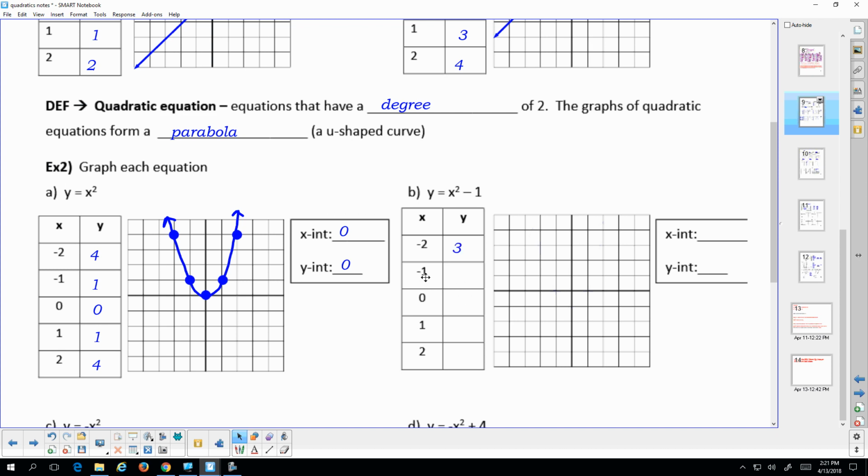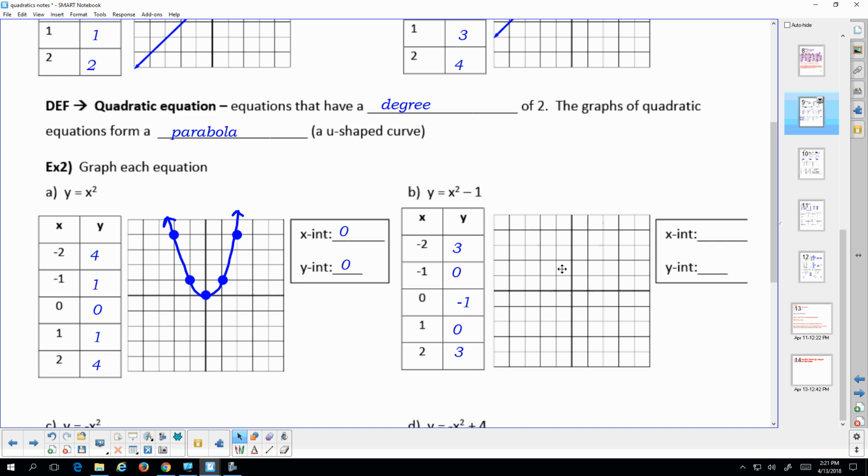What's -1 squared minus 1 going to give me? It's going to give me 0. What's 0 squared minus 1 going to give me? 0 squared is 0, and then minus 1 is -1. What's 1 squared minus 1 going to give me? It'll give me 0, because 1 squared is 1, and then 1 minus 1 is 0. And then what's 2 squared minus 1 going to give me? 2 squared is 4, and then minus 1 is 3.